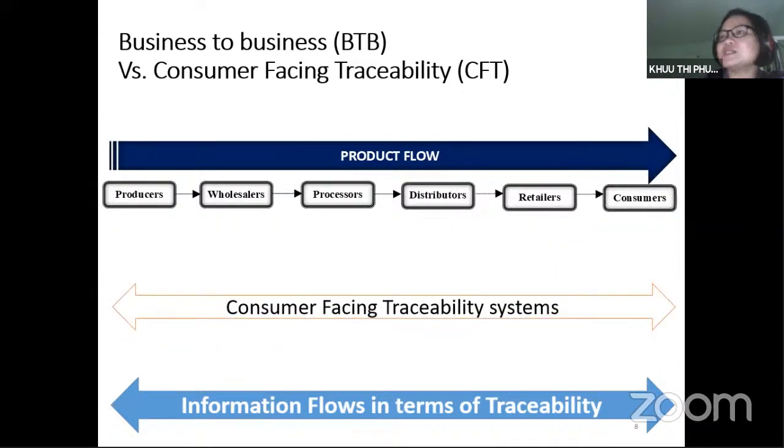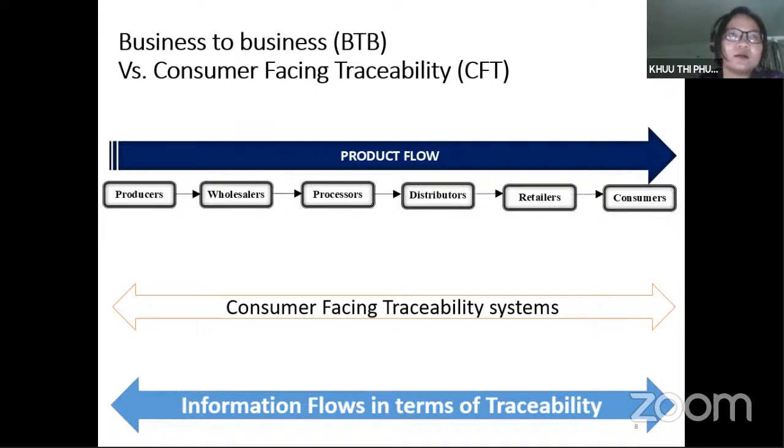But what is CFT, the Consumer Facing Traceability system? The Consumer Facing Traceability system is the system to protect the rights of consumers, and protect consumers' confidence about food quality. So if you want to establish and implement a CFT system, you have to think about what quality and what requirements your consumers are requiring.